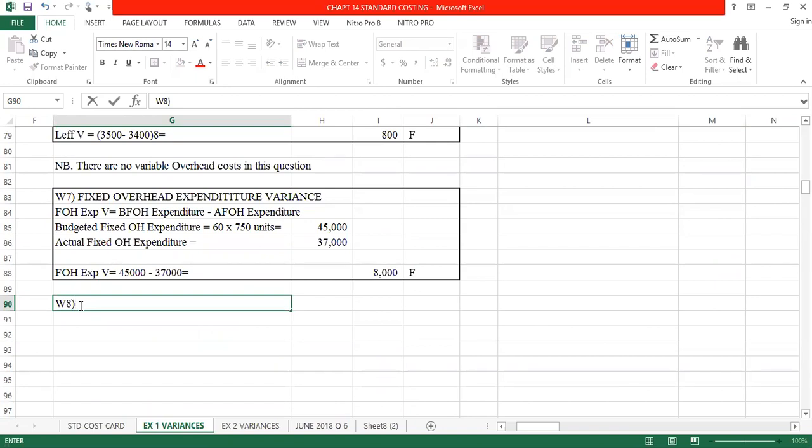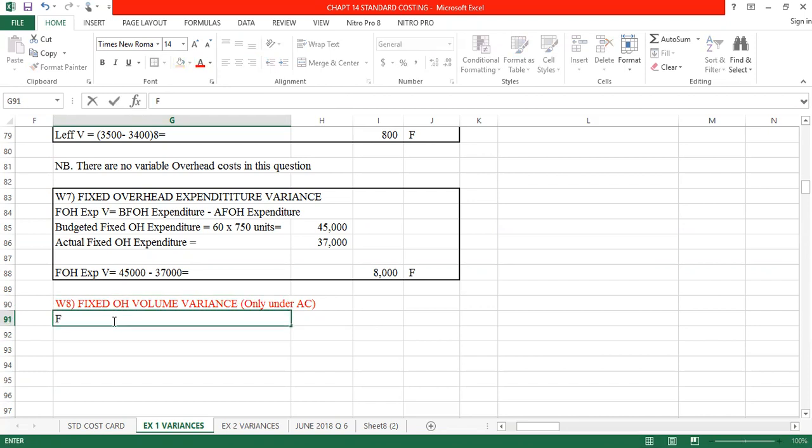Lastly, we have working 8, fixed overhead volume variance. This one only applies under absorption costing. Take note of that. Don't forget about that.